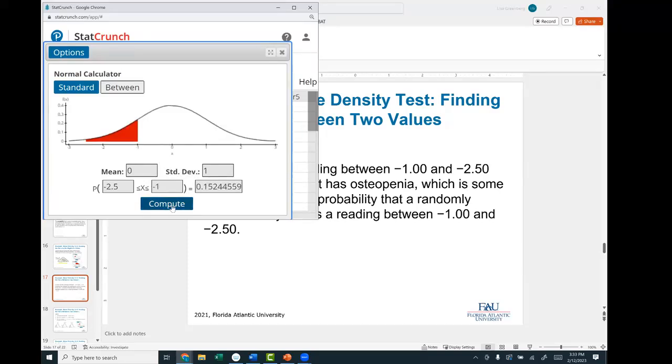I hit compute. Notice that red line now is not going all the way to the end. It's just going between -2.5, which is right about there, and -1. And the probability of that happening is 0.1524 or 15.24%, however you want to look at it, okay?